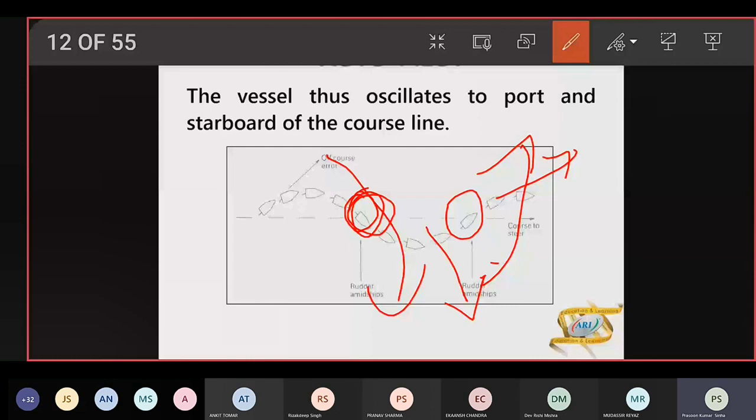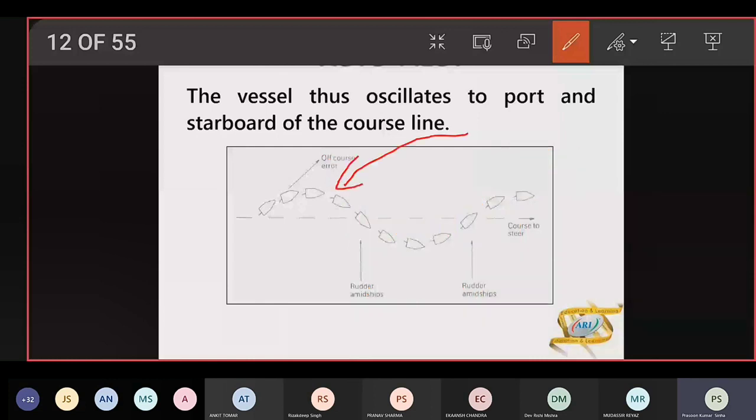That means some activity has to take place at this place only, where the rudder should be brought to midship and the ship allowed to swing because of her momentum.